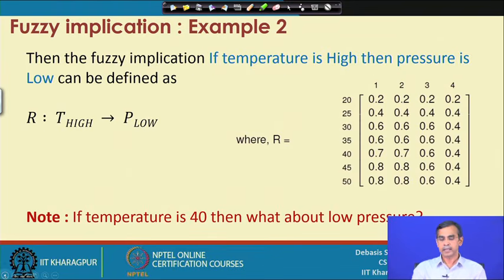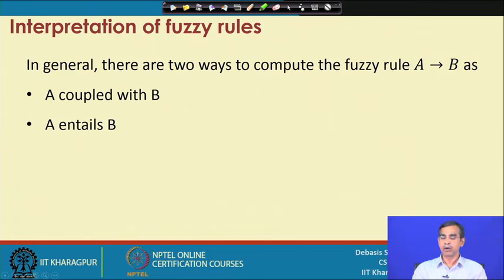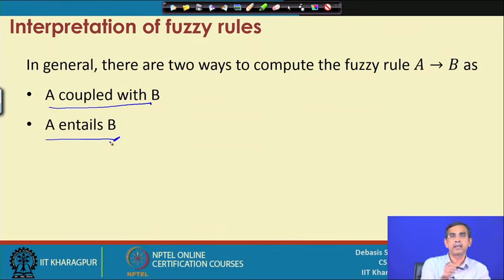In this calculation of the relation R, we have used simply a min formula. If T high, P low, the Cartesian product and taking the min, we obtain these different entries. But in a more practical manner, many other calculations are involved so that this relation matrix can be calculated. Whatever the methods are, they can be broadly classified into two categories: one is called A coupled with B and the other A-entails-B.